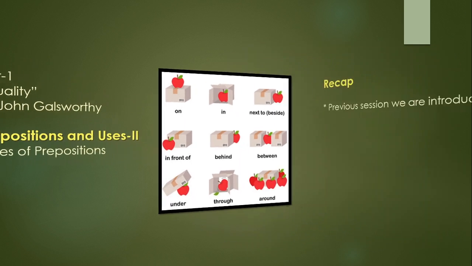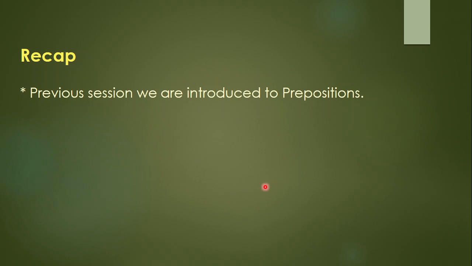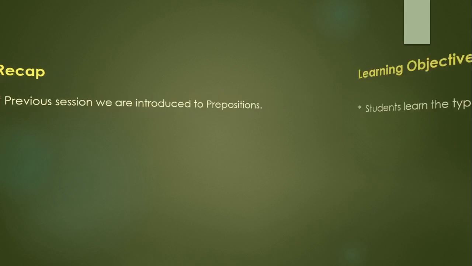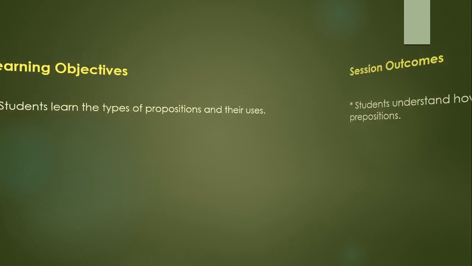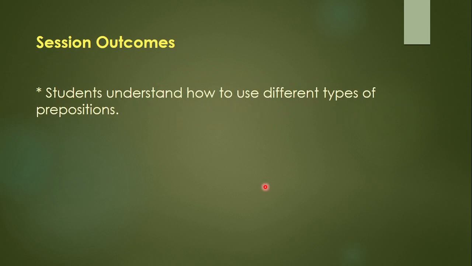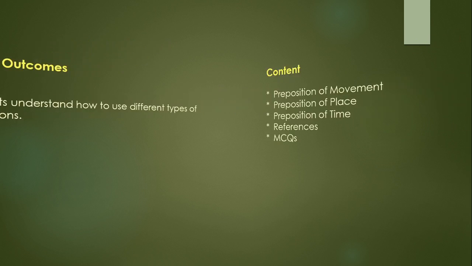Recap: in the previous session we were introduced to the prepositions. In this session, what is the objective? Students learn the types of prepositions and their uses, and the different types of prepositions. What is the outcome? Students understand how to use different types of prepositions in different ways.